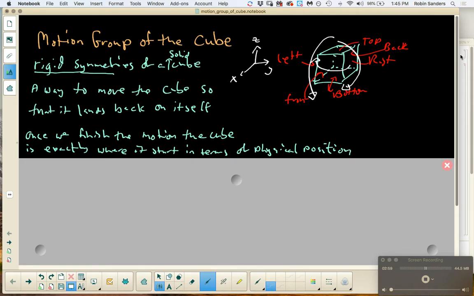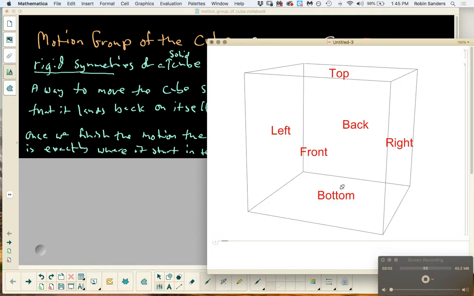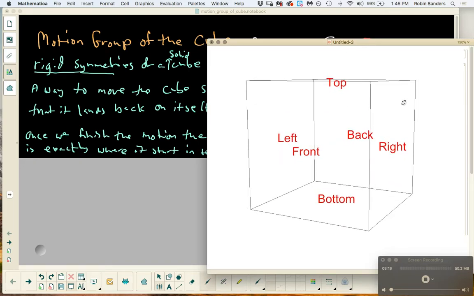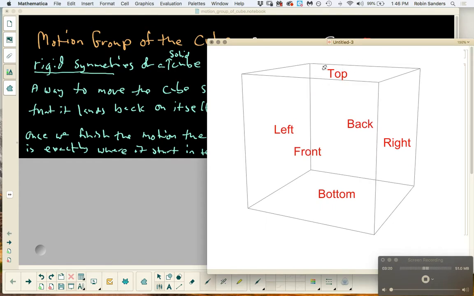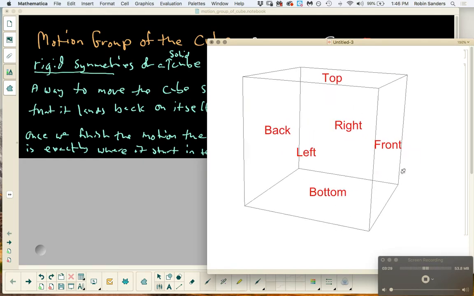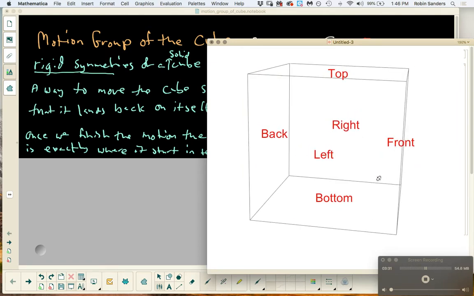So over here I've got a Mathematica cube where the faces are labeled top, bottom, front, back, left, and right in the usual way. What I first want to notice is that if I want to keep the top side on top, then I can start with the front and rotate 90 degrees counterclockwise, and that puts the left side in front.